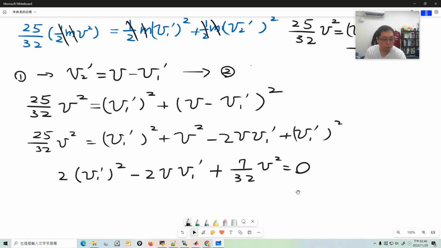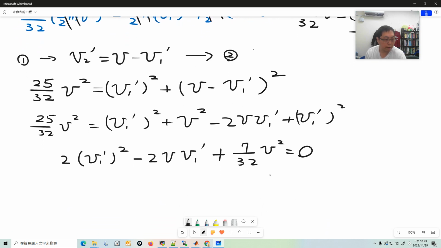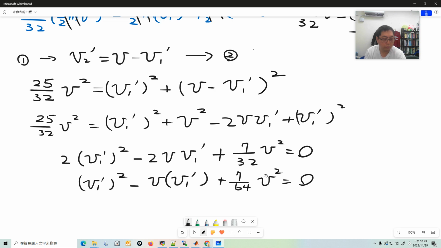Doing it a little further, we have v1 prime squared minus v v1 prime plus 7/64 v squared equal to 0.